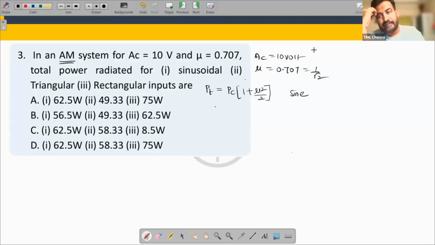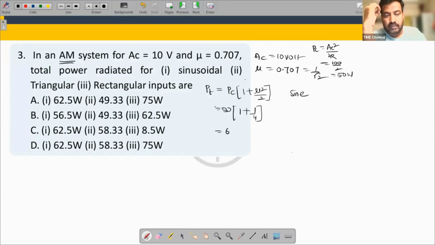So PC is AC square by 2R. That's 50 watt. It's 50 into 1 plus mu square by 2, so 1 by 2 by 2, 1 by 4. This is 62.5 watts.